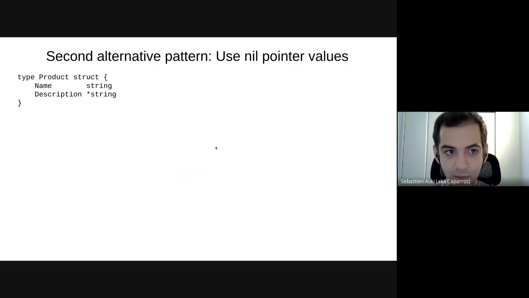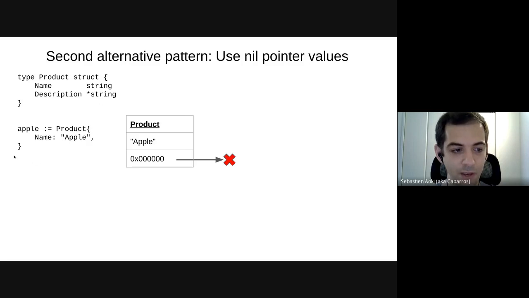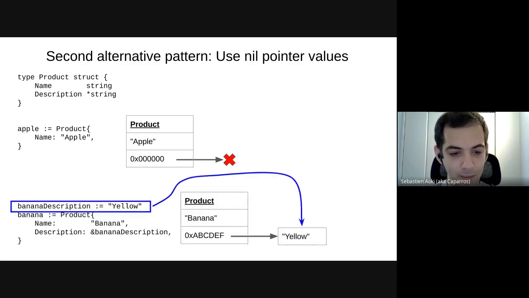The second alternative pattern has been to use nil pointer values. So now my description is a pointer to a string. And what happens if I define an apple which doesn't have a description? Now I have a pointer to nothing, which is called nil. So I know that I don't have a description because my pointer just doesn't exist, because the address is 0. One first drawback of this pattern is that it gets a bit messy.